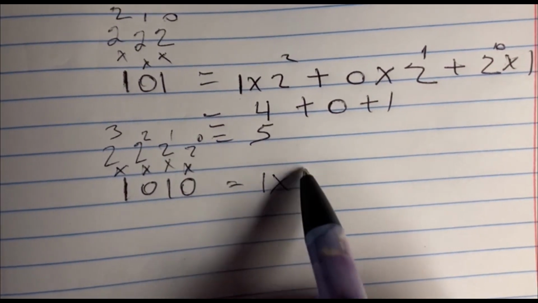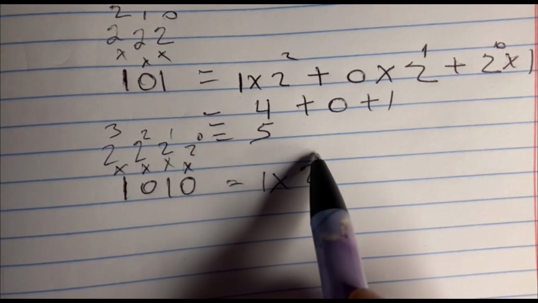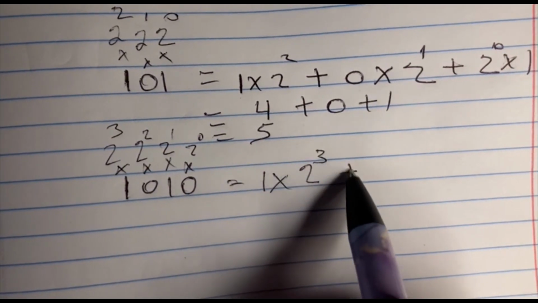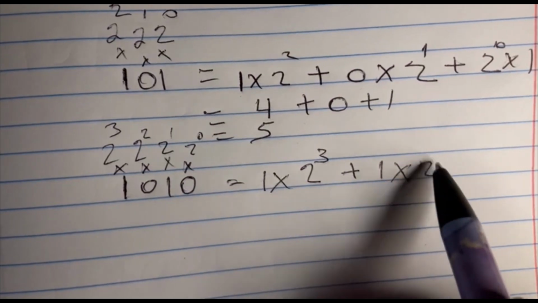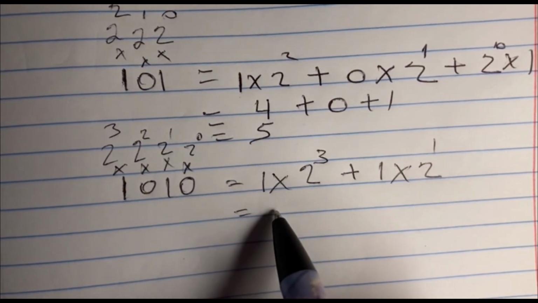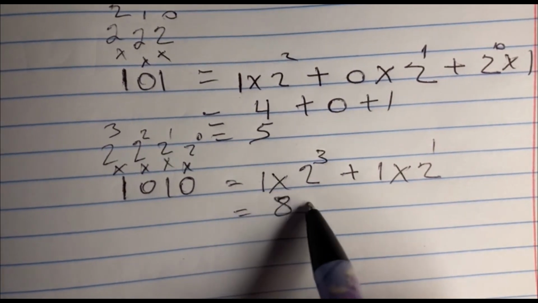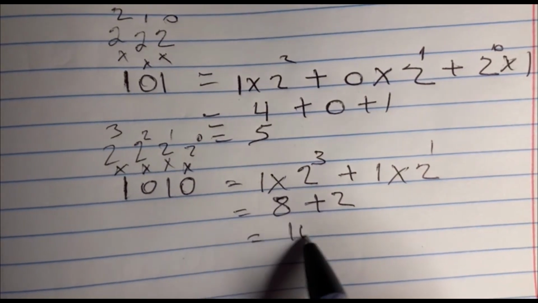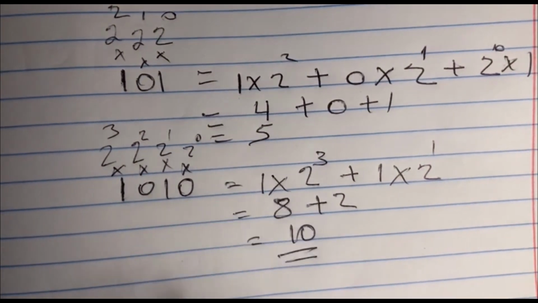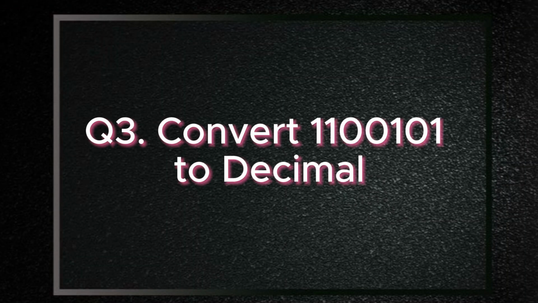So 1 multiplied by 2 to the power of 3 plus, we don't take 0, so 1 times 2 to the power of 1. 2 to the power of 3 is 8 plus 2 to the power of 1 is 2. So this will be 10. Let's do more.